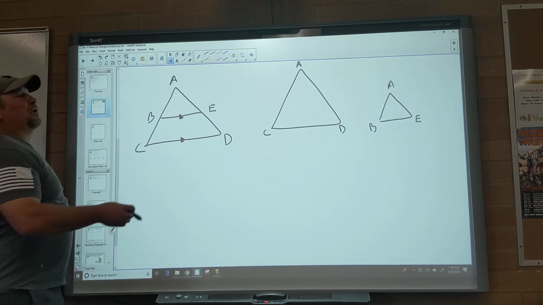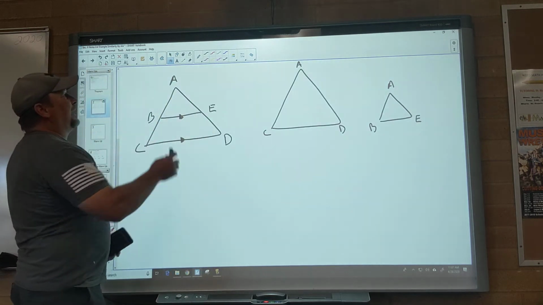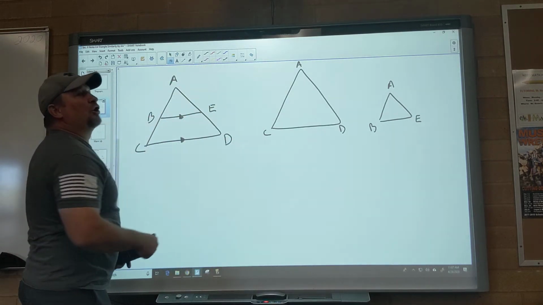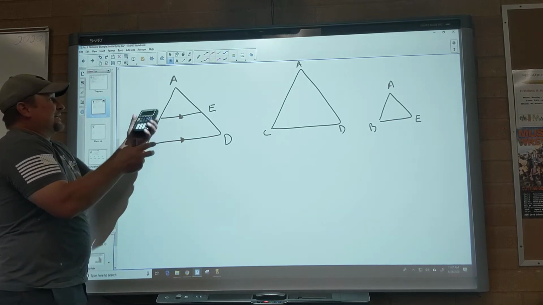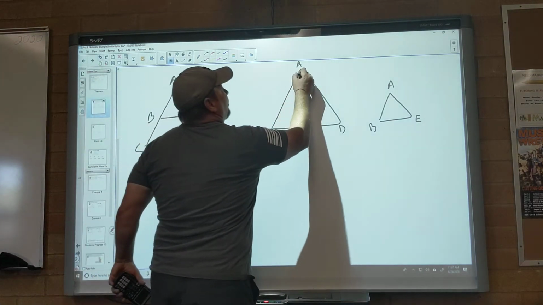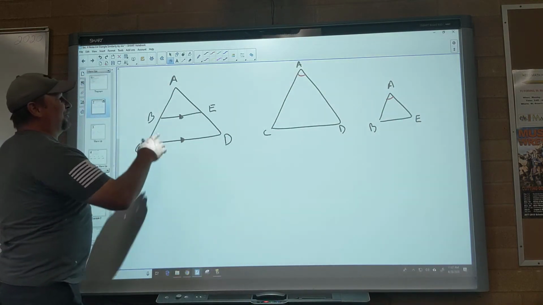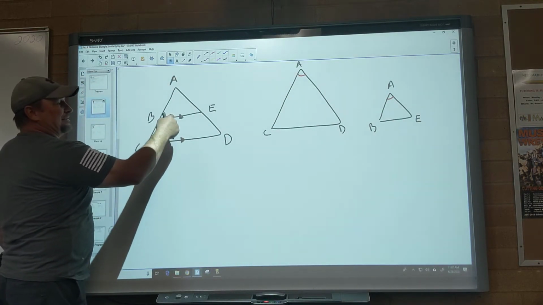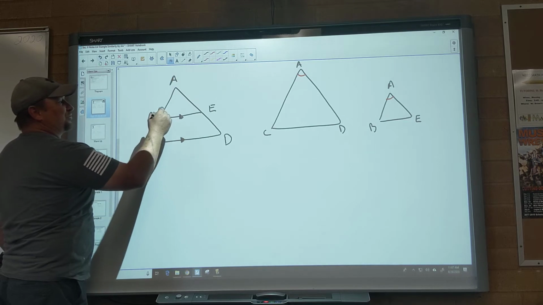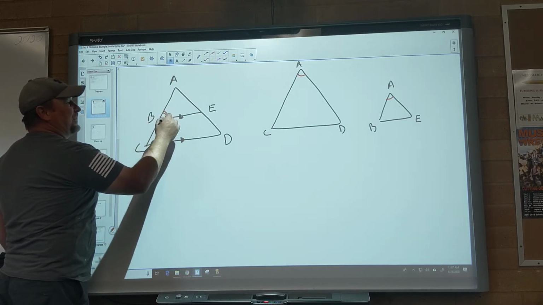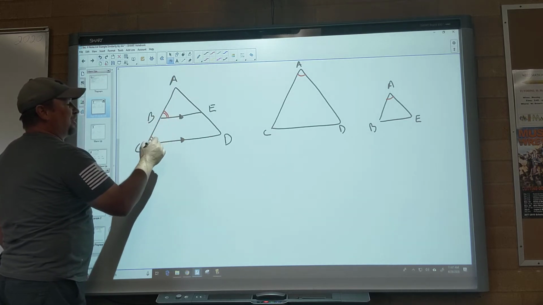Now, when I pull them apart, watch. The angles that we pulled apart, angle A and angle A, are called reflexive because it's the exact same for both triangles. So we know those have to be congruent. We also know that these are parallel lines cut by the transversal, so we have corresponding angles. Notice I put 2 markings on there.